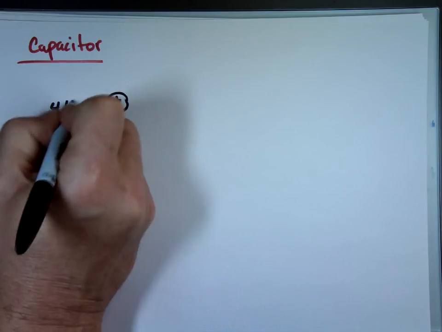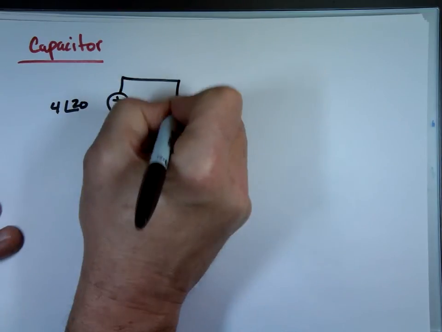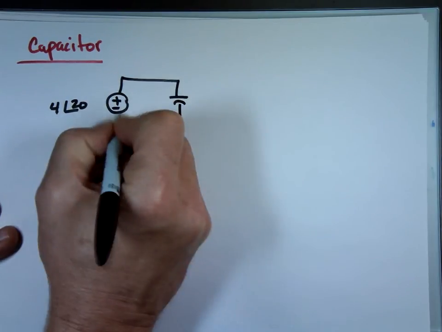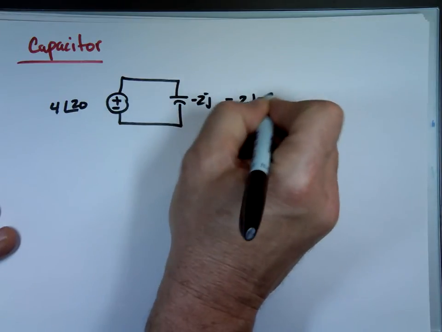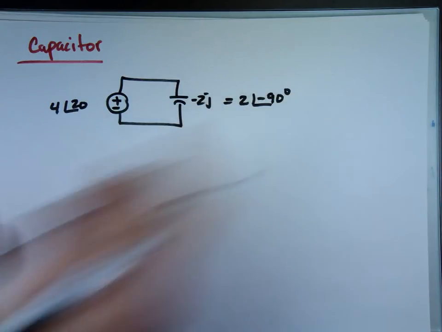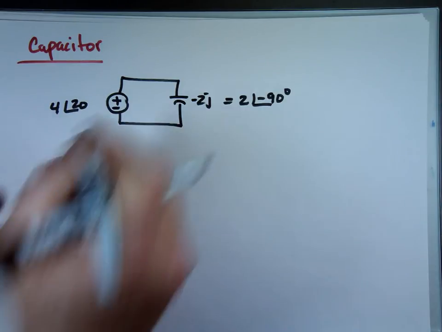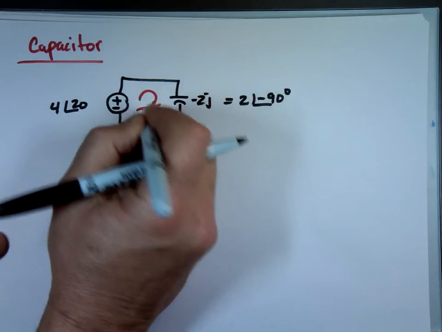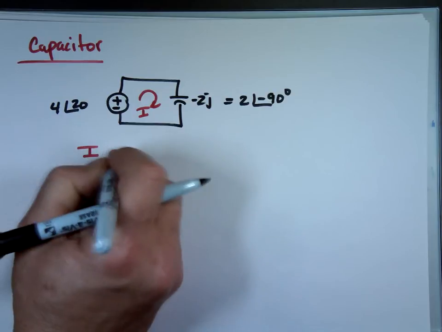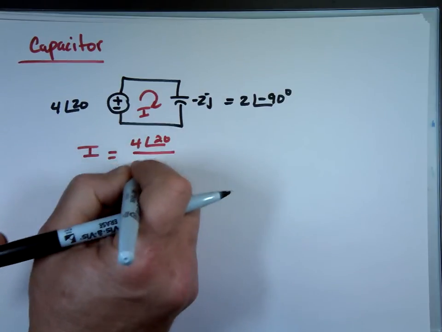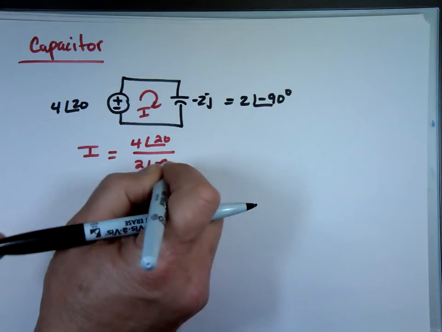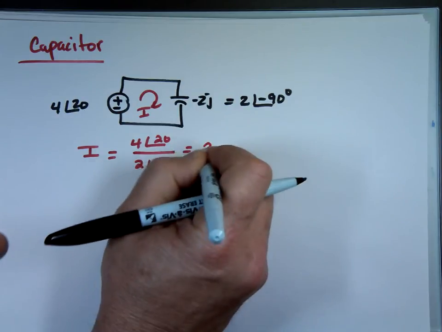The capacitor will be negative 2J, which means 2 angle negative 90. The current I will be 4 angle 20 over 2 angle negative 90, which is 2 angle 20 plus 90, 110.